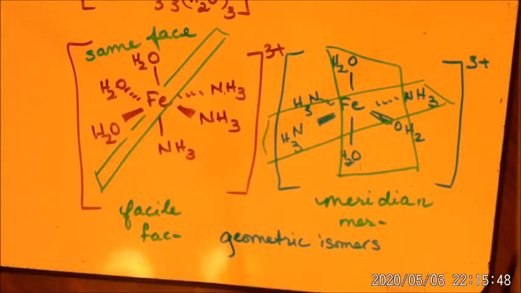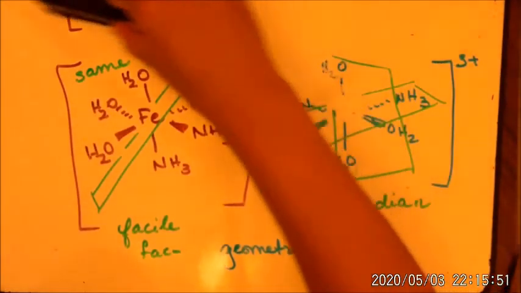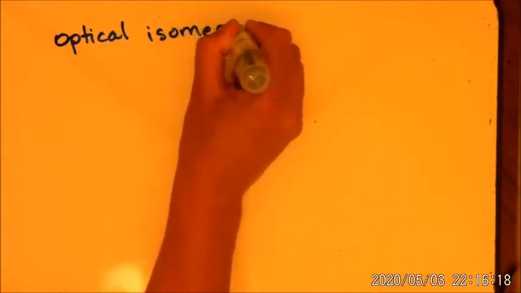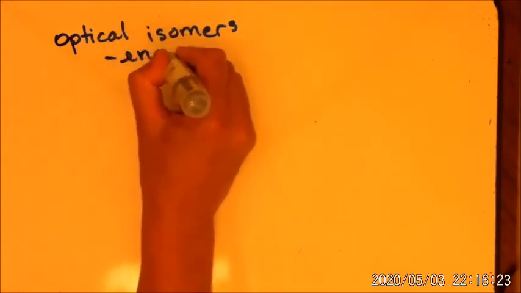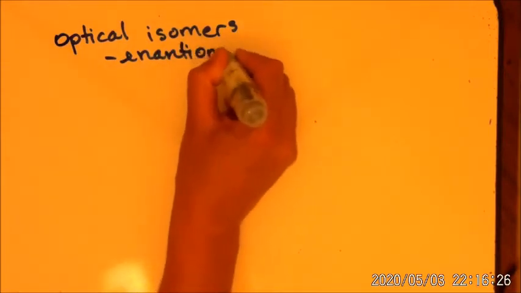What other type of isomers are there? Let's spend a little time with this. The other type of isomers are called optical isomers, or the more common term, enantiomers.